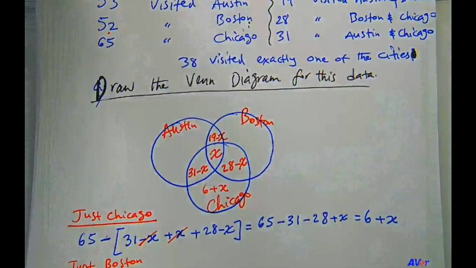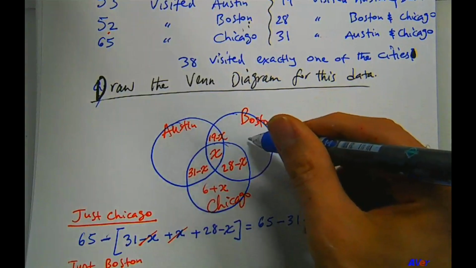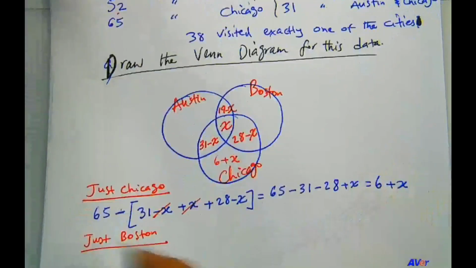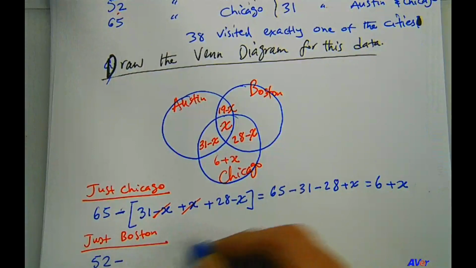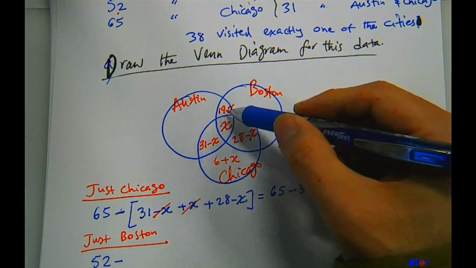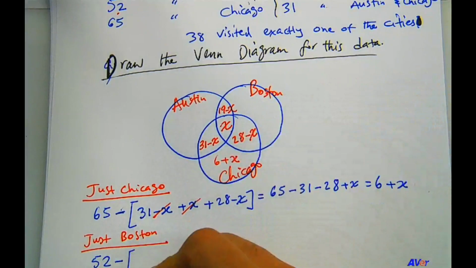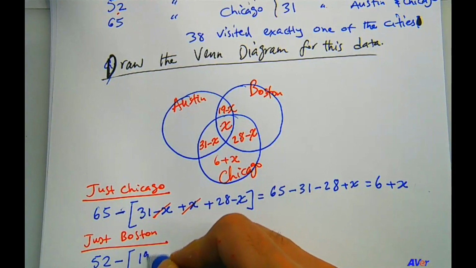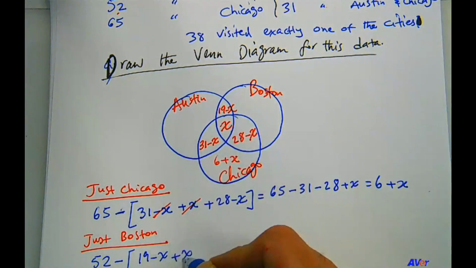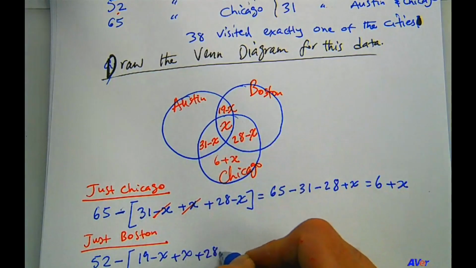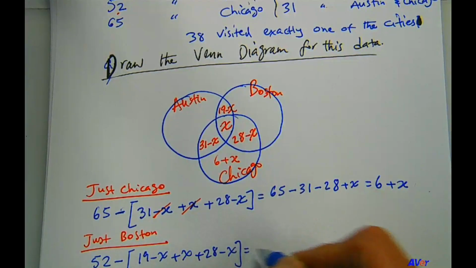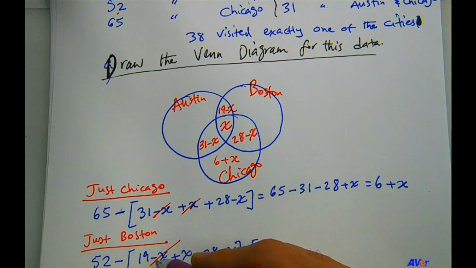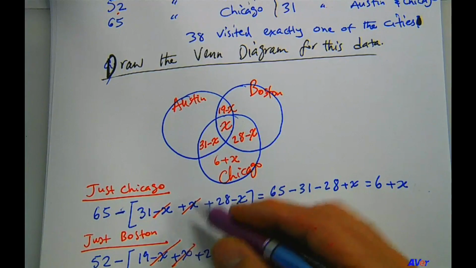So to figure out how many visited just Boston, we have to say 52 minus all of this: 52 minus bracket 19 minus X plus 28 minus X. Let's get rid of these two because minus X plus X adds up to 0.